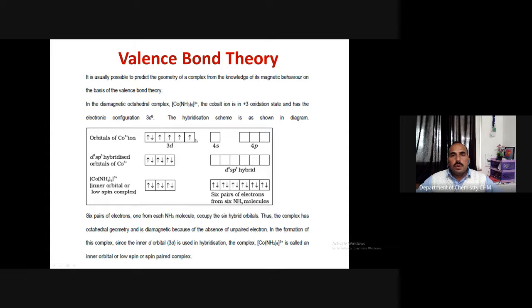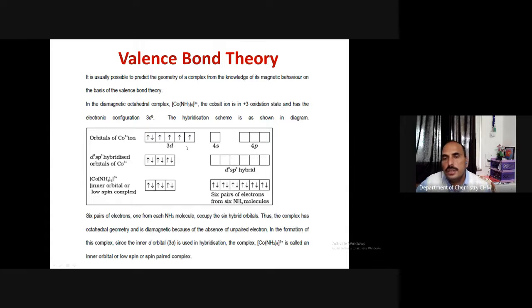If you arrange the box diagram of 3d6, then you know that you have to put 5 electrons first and the 6th electron will be paired up in this orbital. So effectively you have 4 unpaired electrons. But we know that there is no unpaired electron in the actual complex after it is formed.